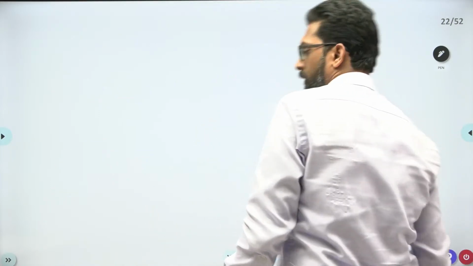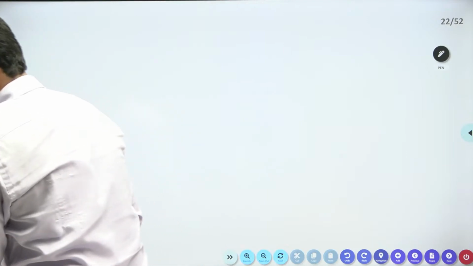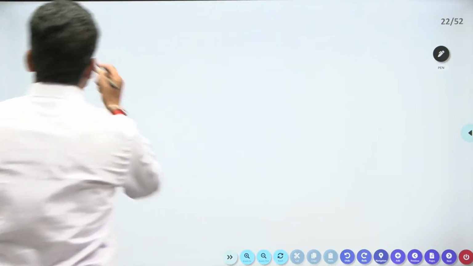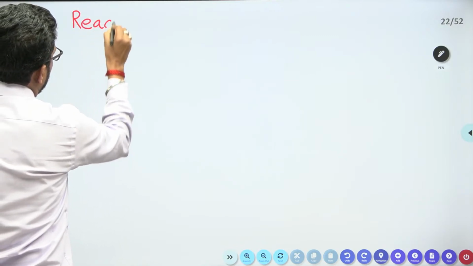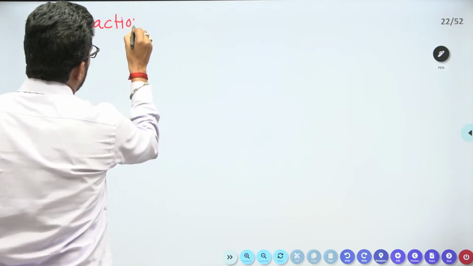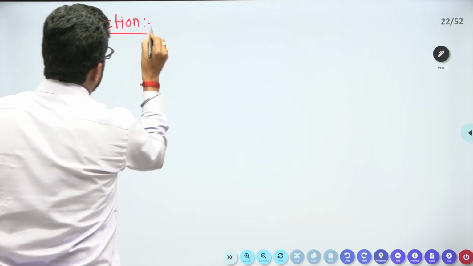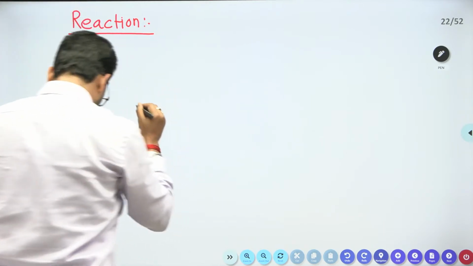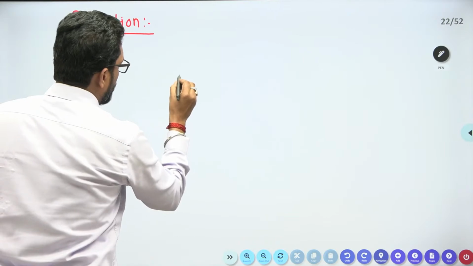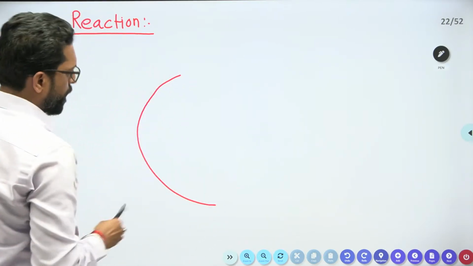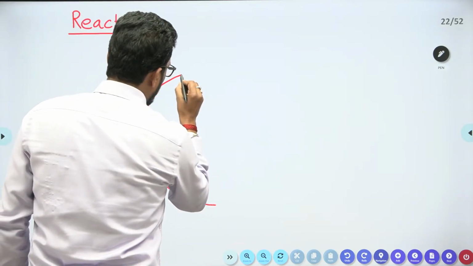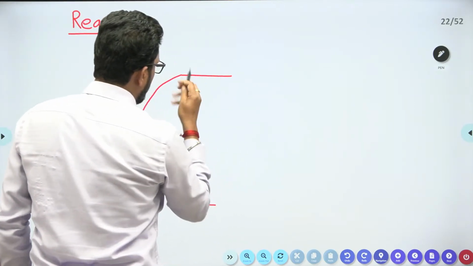Now, if you draw a free body diagram to calculate the reaction, right? So we have this plate, okay. Now at this point there is RA.